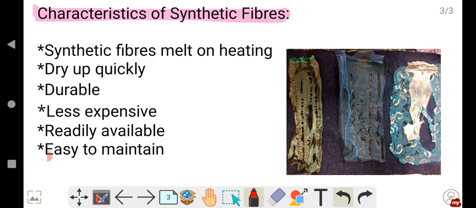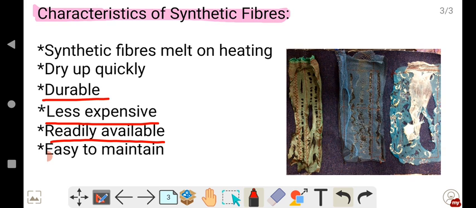Next, coming to the characteristics of synthetic fibers. What are the characteristics of synthetic fibers? Already in our earlier class we have learned that these synthetic fibers are durable, meaning we can use them for a long period of time, and they are less expensive and readily available.